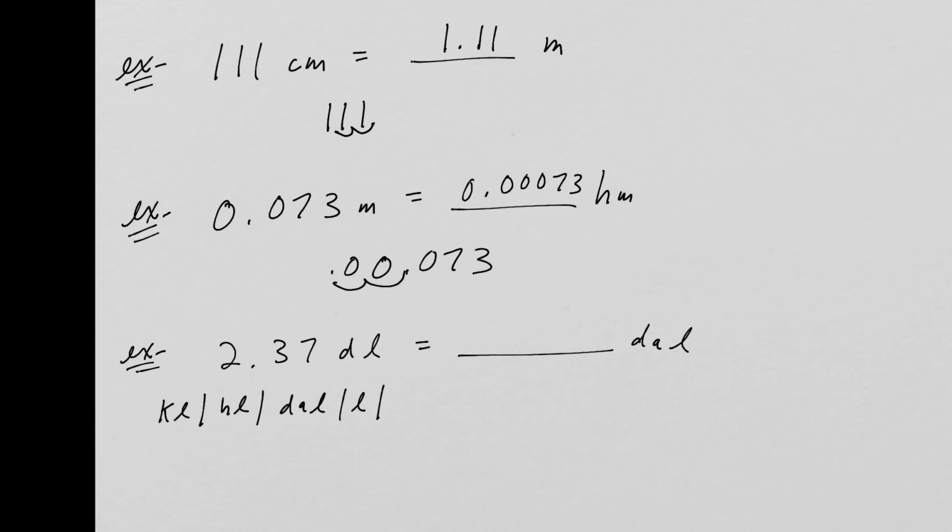Same thing, except instead of meter, I have liter now. Deciliter, centiliter, and milliliter. If I want to go from deciliter to deciliter, then I'm starting here. I need to go 1, 2 to the left. So then this answer would be 0.0237. Just move that decimal point 2 places to the left. Okay, so it doesn't matter what the base unit is, the prefixes are all going to be the same.